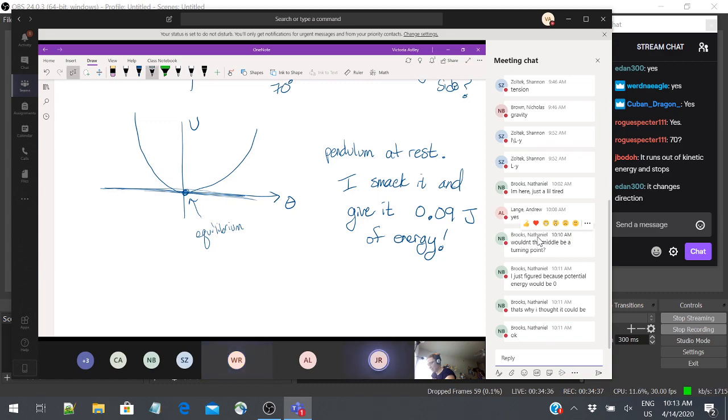Well, now my total energy line is going to be my starting point plus the amount of kinetic energy that I gave it, 0.09. So my total energy line is actually here. So what's it going to do? Is it going to stay at theta equals 0?